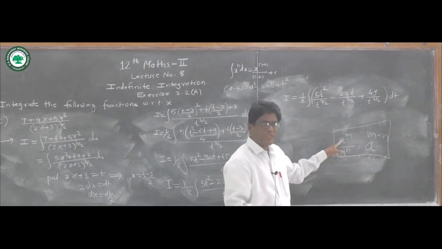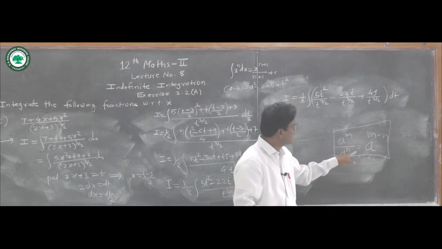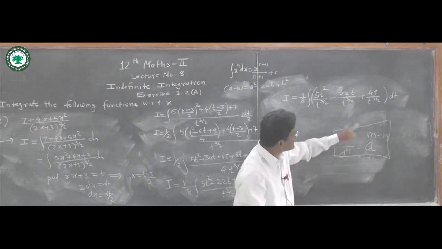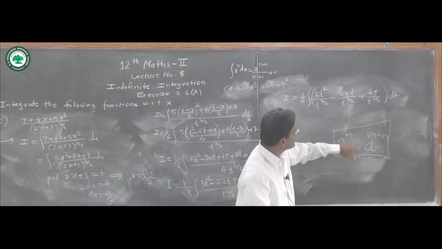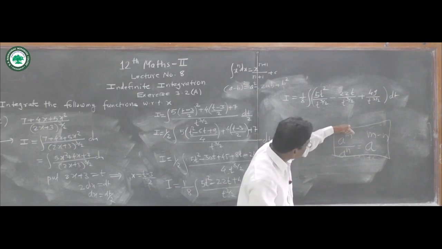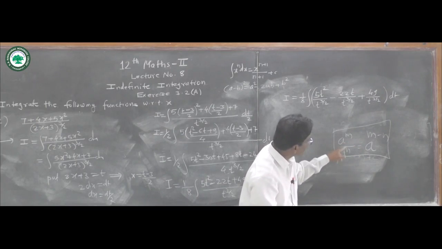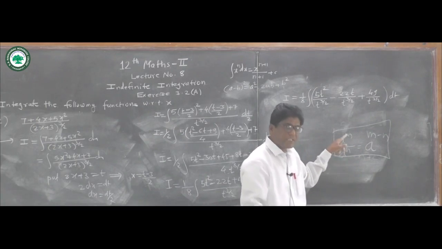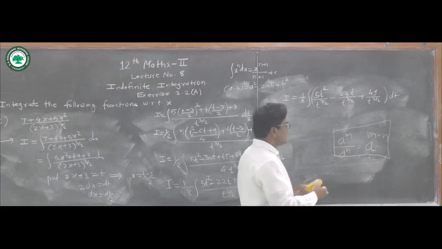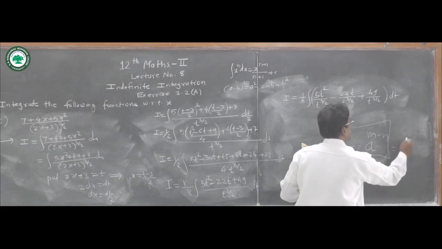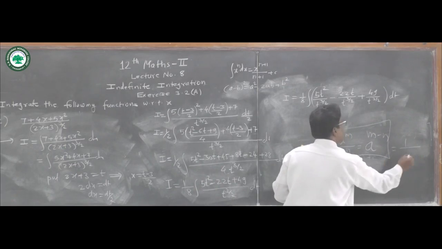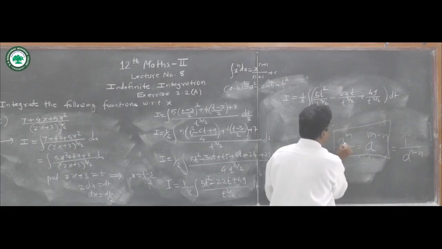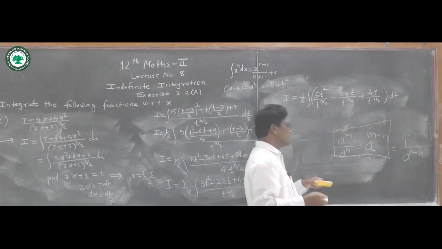If we carry n to numerator, and if we carry m to denominator, it becomes 1 upon a to the power n minus m.